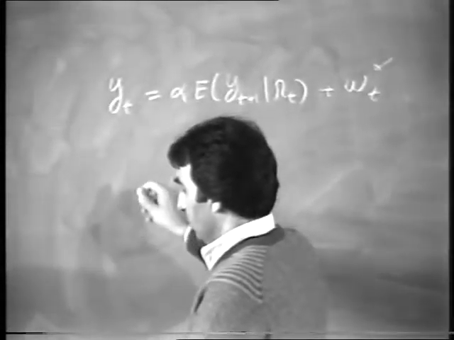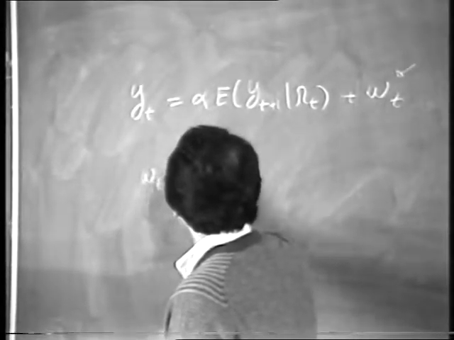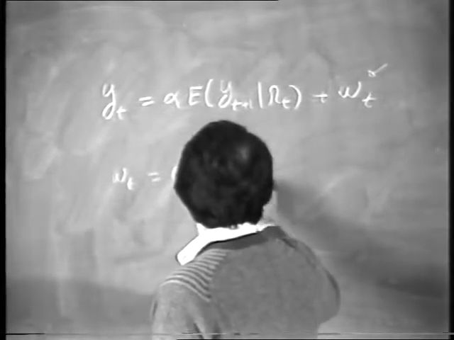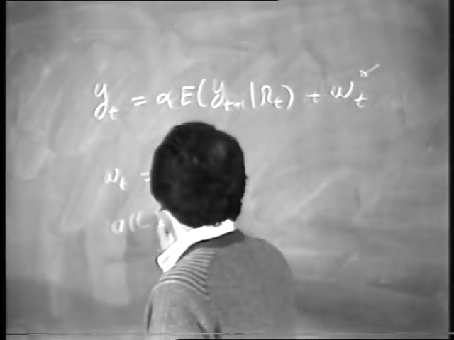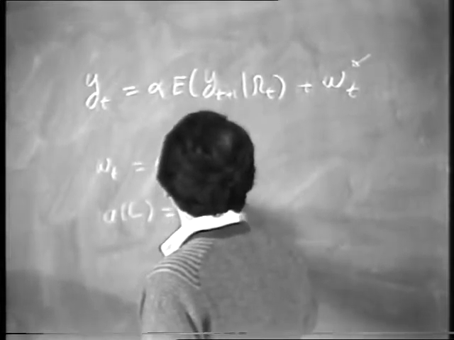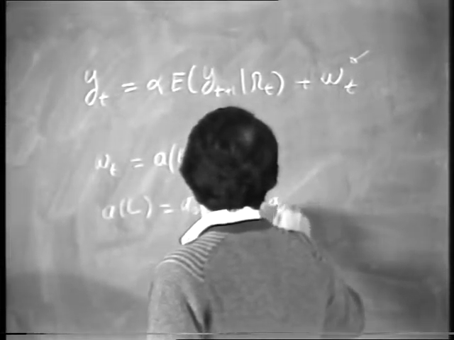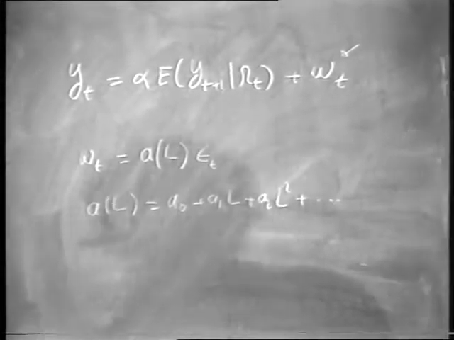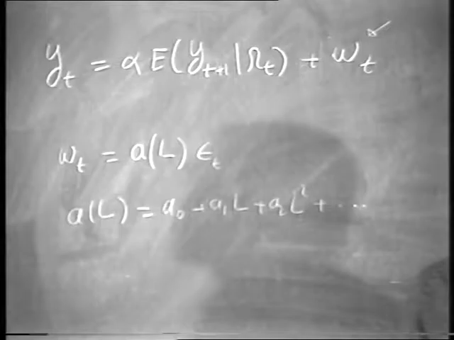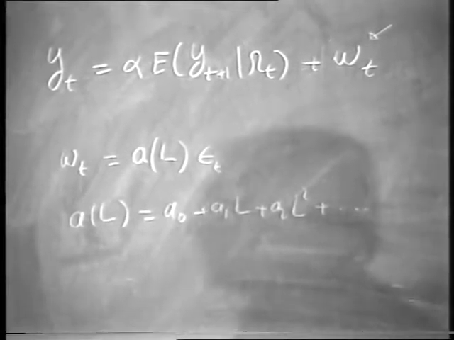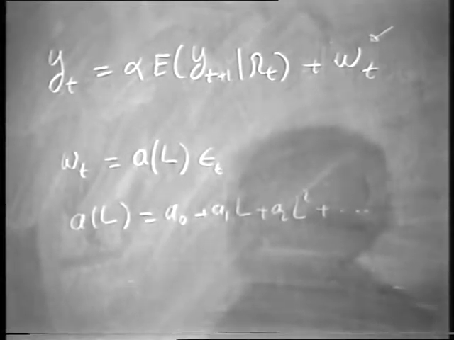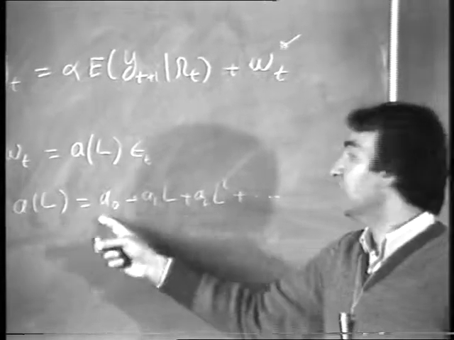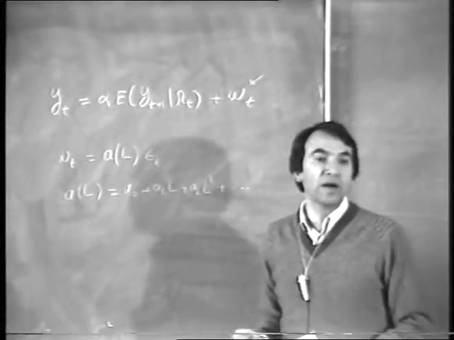So WT can be written as A(L) epsilon T, where A(L) is the lag operator A0 plus A1 L plus A2 L squared, ad infinitum. And we know that if WT is covariance stationary and linear, the Wold decomposition theorem shows that you can always write WT as this, with epsilon T being white noise errors.